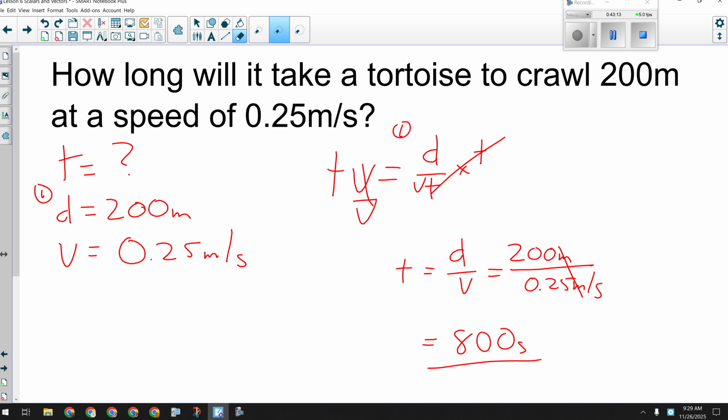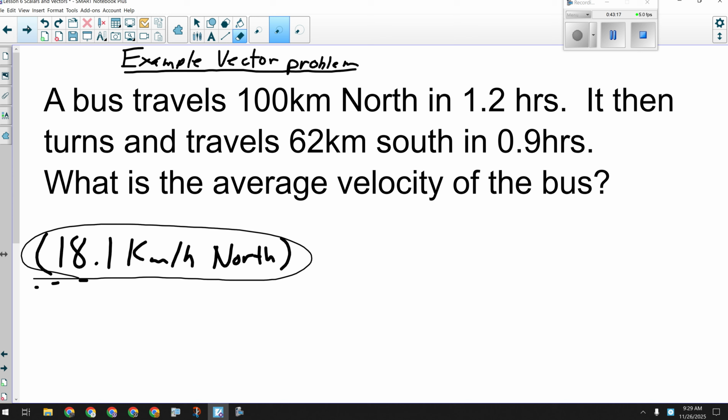Okay, well, let's have a look at this one. So this one is a vector problem. I want you to copy this one down and then we'll walk through it together, just so you see how it goes when we're talking about distance versus displacement and speed versus velocity.